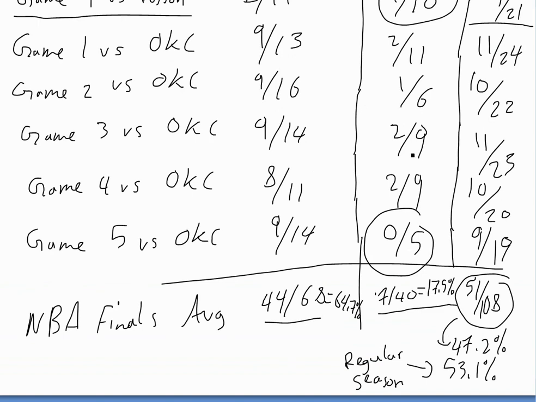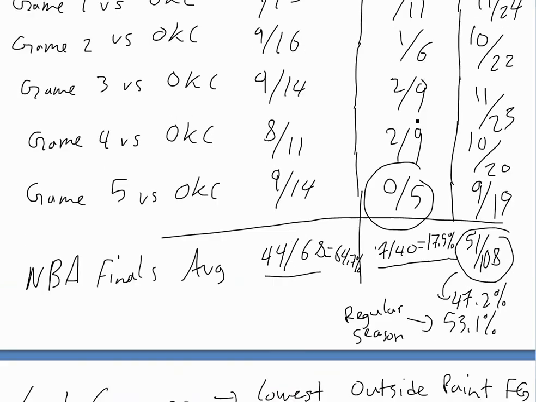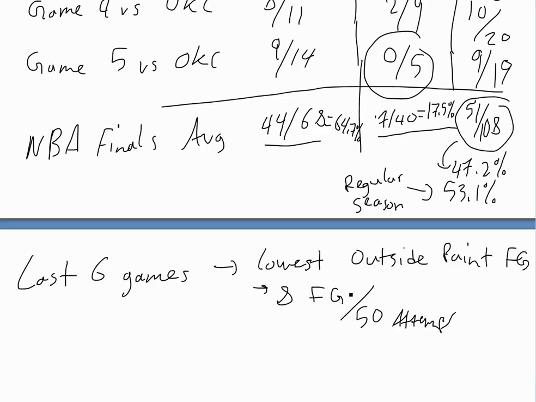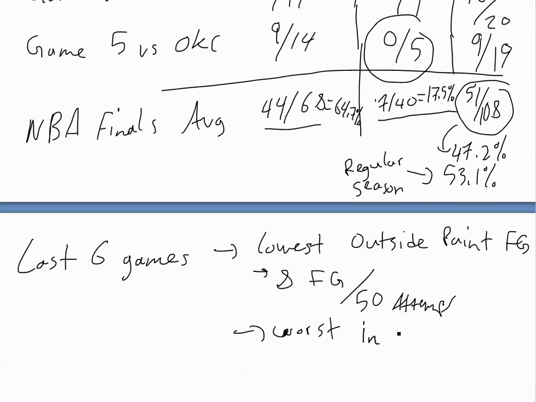Then this one is 1 of 10. So he had this 7 of 40, 8 of 50 attempts. So this is his lowest in his career. This is worse than LeBron James' career, but he still managed to put up huge numbers and win the MVP.